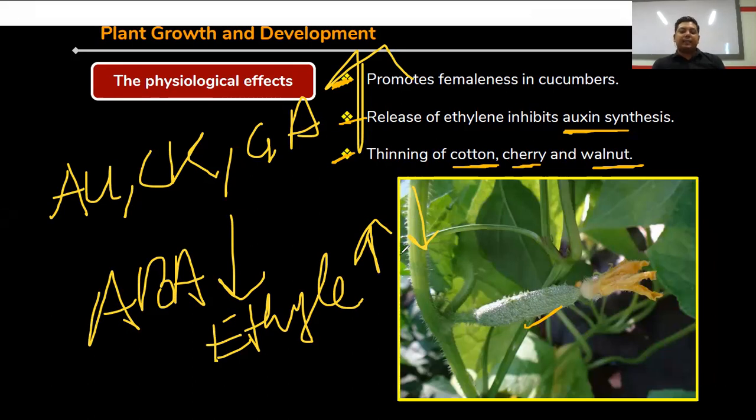Clear? So ethylene shows both promoting as well as inhibiting functions. That's why ethylene is known as both a promoter and inhibitor hormone. Clear? That's all. This is all about the five types of plant growth hormones.